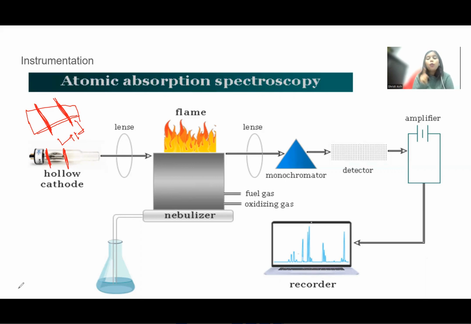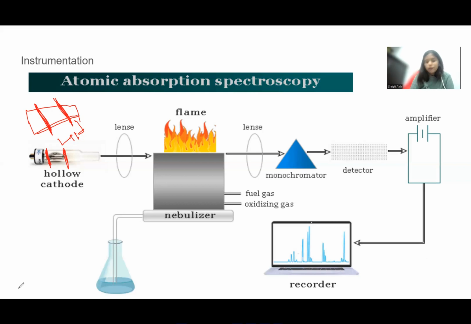This is the important point, and you have to remember it very precisely: if we are detecting the presence of lead in a magnet, our metal of interest is going to be lead. That means the cathode in the hollow cathode lamp is going to be made up of lead. If we are checking the mercury level in a cosmetic, our cathode material is going to be mercury.